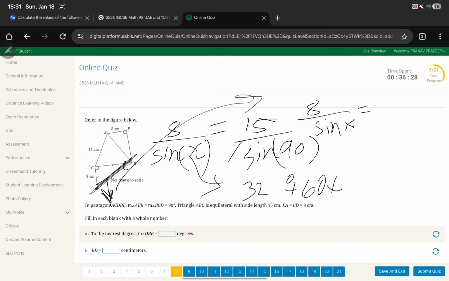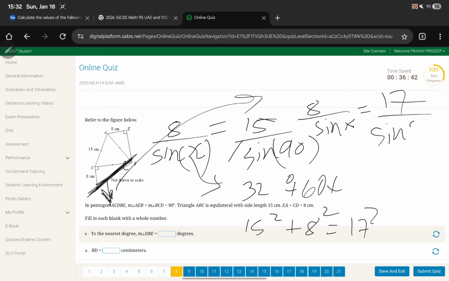What's the hypotenuse? The value of the hypotenuse is 15 squared plus 8 squared, which equals 17 squared. So 17 over sine 90. And then if you solve it, you're gonna get an answer that's close to 28 degrees.